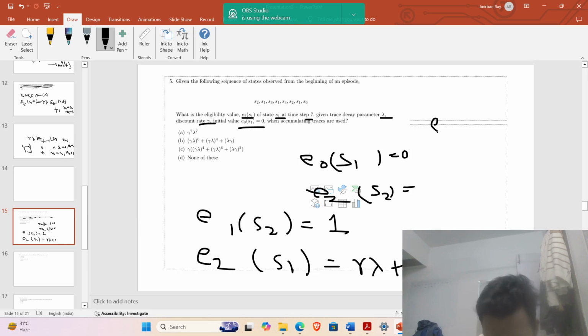Now E3(S3) will become gamma lambda times, here gamma square lambda square plus gamma lambda plus 1.